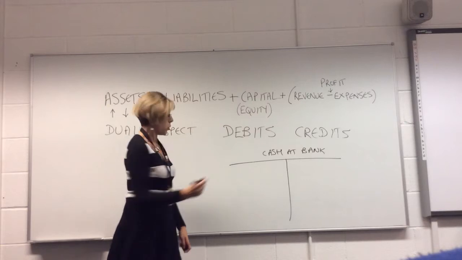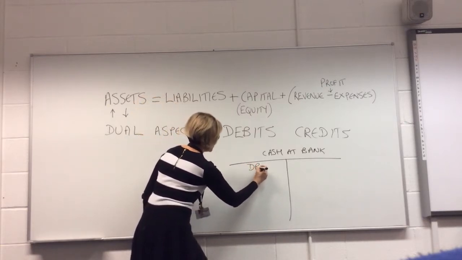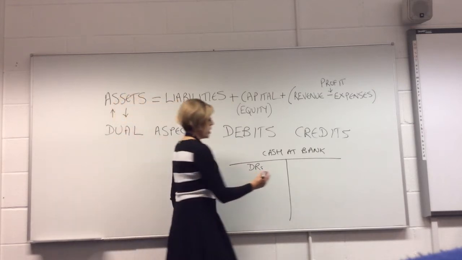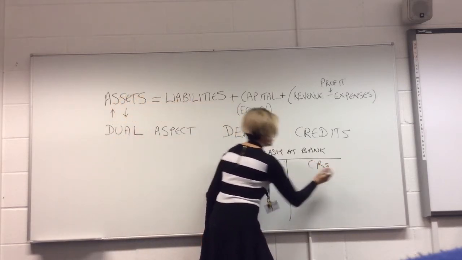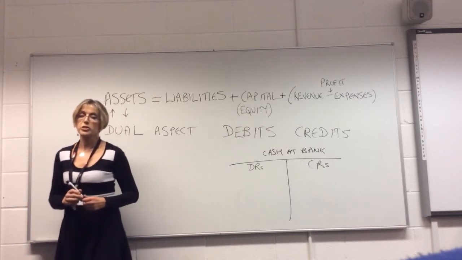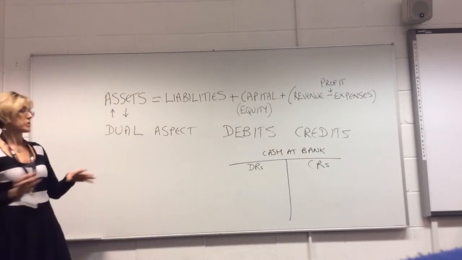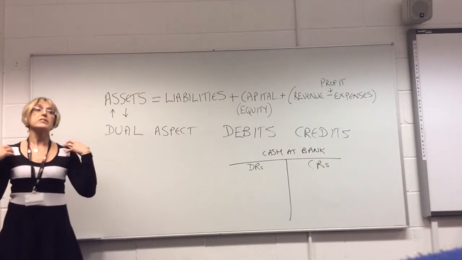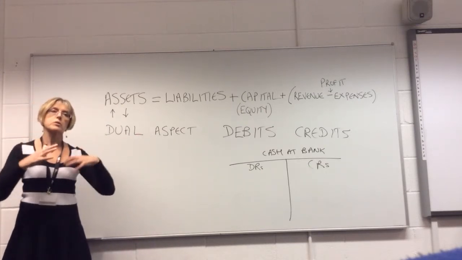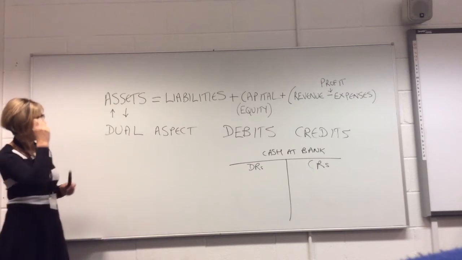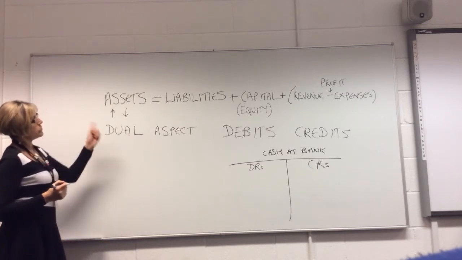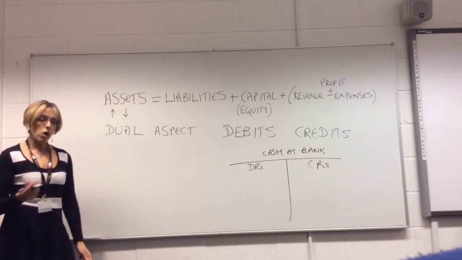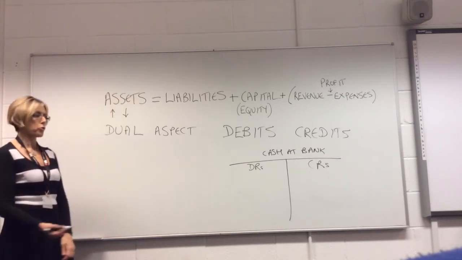The rule is that all the debits are always listed on the left-hand side, and all the credits are always listed on the right-hand side, and that will always be true. Doesn't matter what the account is. Debits on the left-hand side, credits on the right, and that's because as accountants, we like things to be regular and we like rules. Now, in terms of how the debits and credits relate to the accounting equation, there are a set of rules that you have to know.